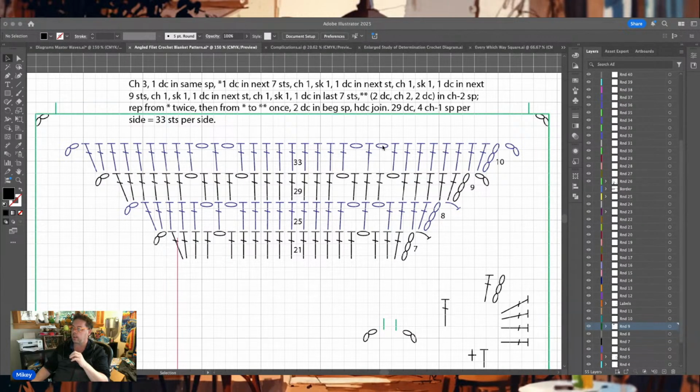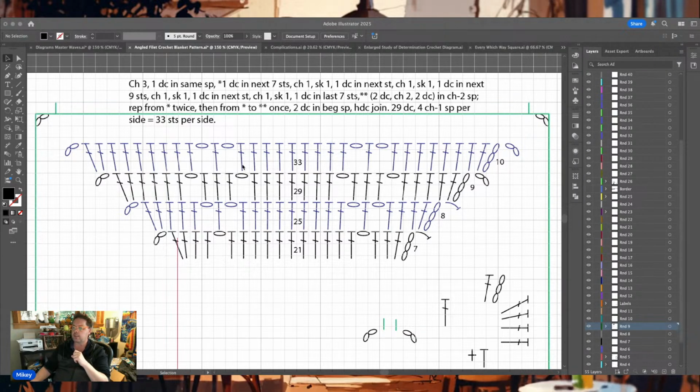So we chain 1, skip 1, 1 double crochet into the next. And then it says skip 1 and 1 double crochet into the next 9 stitches. So when you skip this one here, we just double crochet 9 stitches after that. So we started here: 1, 2, 3, 4, 5, 6, 7, 8, and 9.